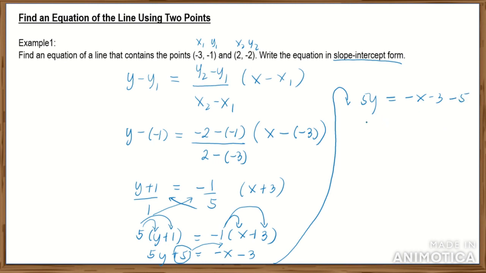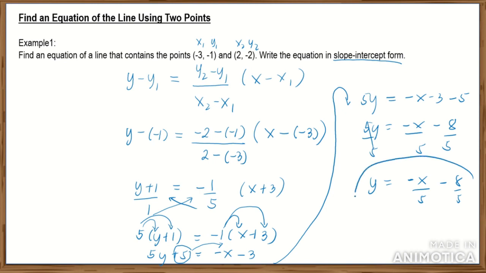So we have 5y is equal to negative x minus 8. Then divide all terms by positive 5. So y is equal to negative x over 5 minus 8 over 5. Notice that this equation is the same as the previous equation.